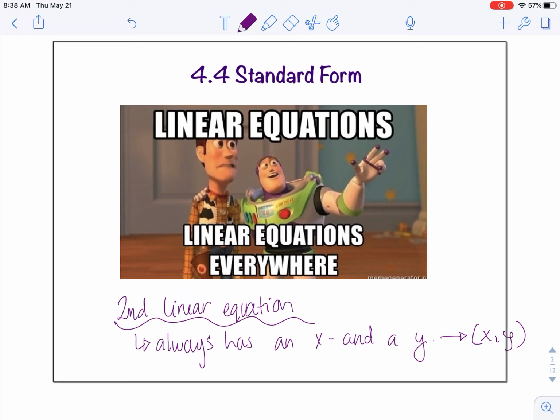There is always going to be an x and a y. It is also always going to form a line, which makes sense because it's called a linear equation. These are our two main similarities between standard form and slope-intercept form.